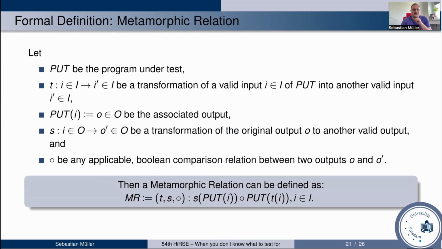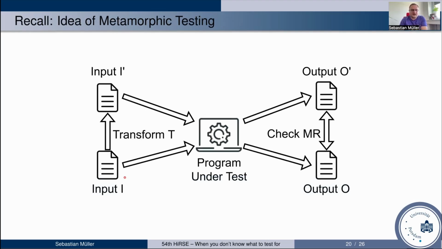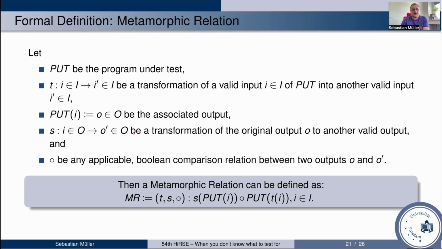Let us talk about the formal definition of what a metamorphic relation can look like. We have our program under test, and we have a transformation of one valid input to another. Going back to the previous slide, we have one transformation function that transforms our original valid input into another valid input.